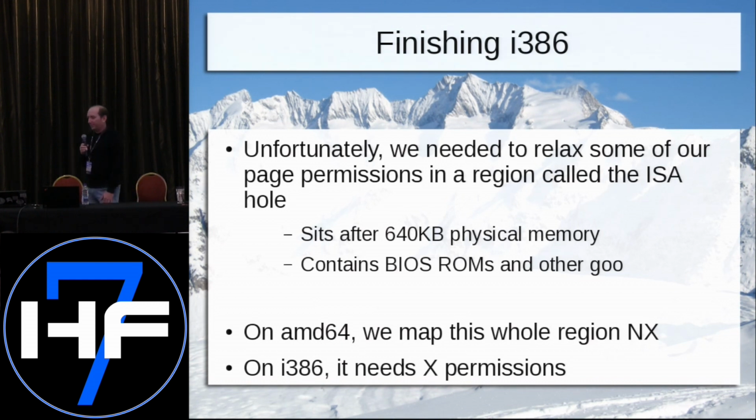Conceptually, for AMD64, none of that stuff is ever executed, so we copied the same model and made that whole region not executable. Well, on i386, there's BIOS goo there that needs to be executed, so we had to put that permission back in. On the whole, i386 is now at the same place AMD64 is, with a slightly wider executable region.